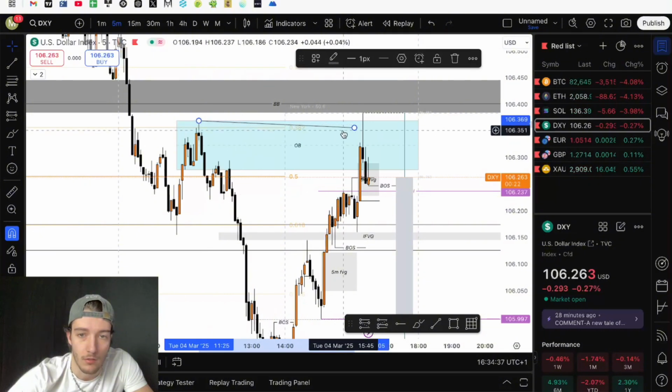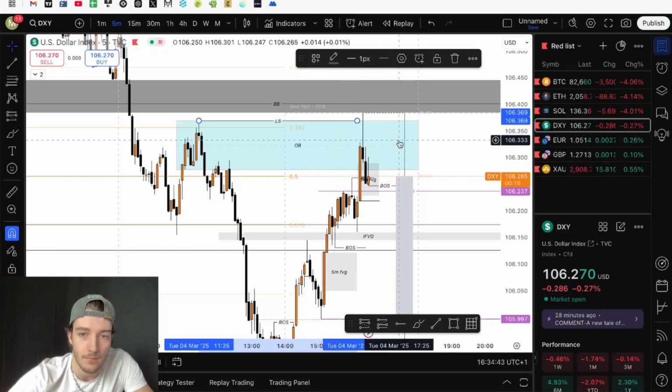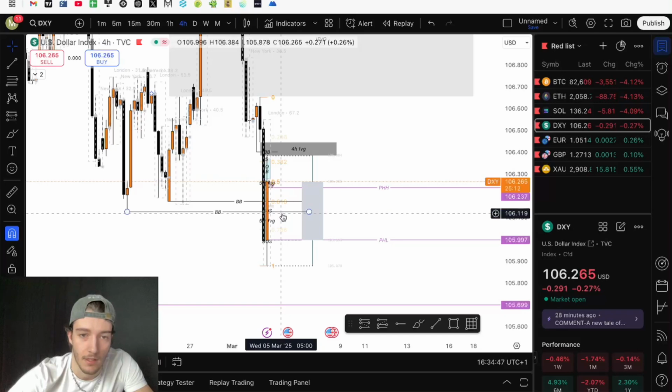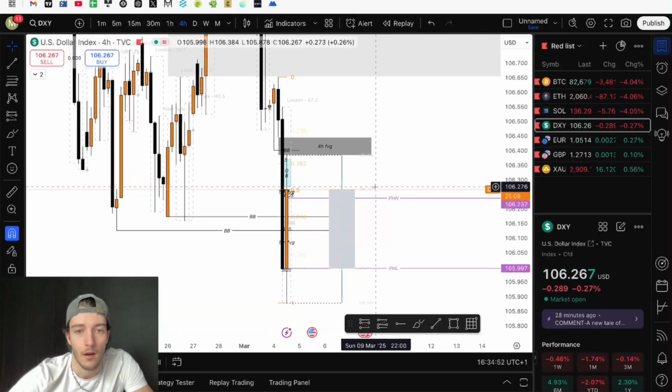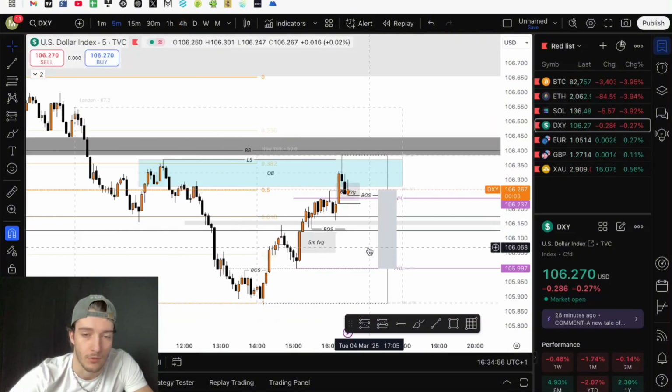And the only thing that would make me worried is this inverse fair gap here, this 1-hour fair gap, so that the dollar can use it as a support to come into this 4-hour bearish fair gap in alignment to this breaker, and then move lower.